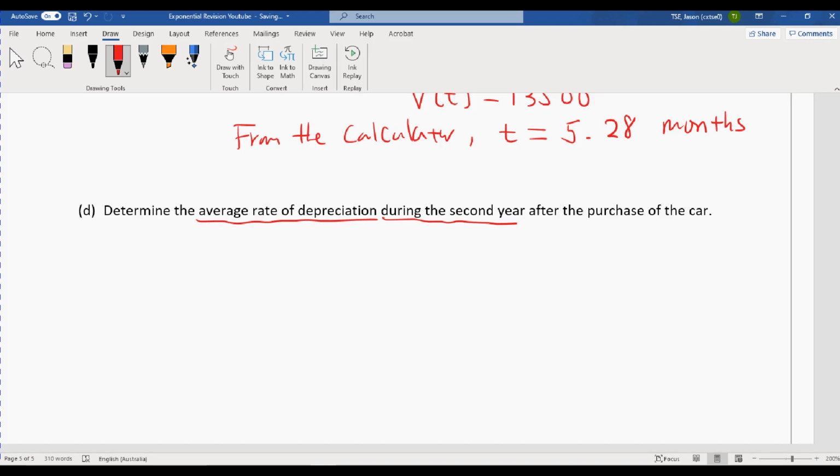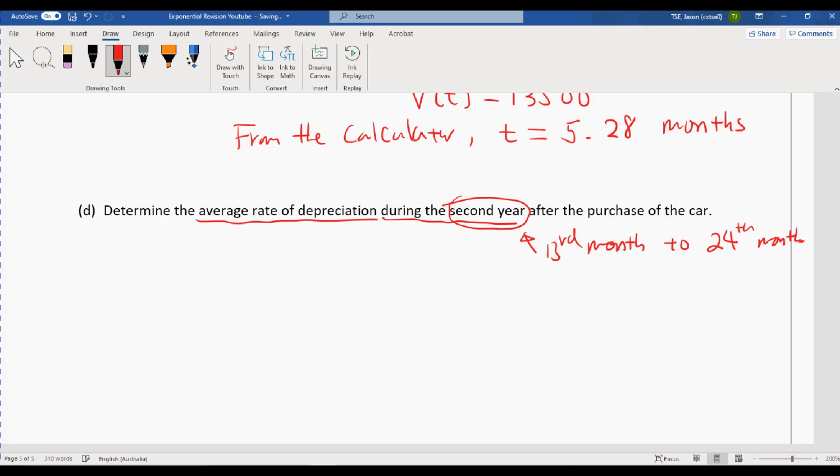So I'm going to find the second year, the 13th month to the 24th month.